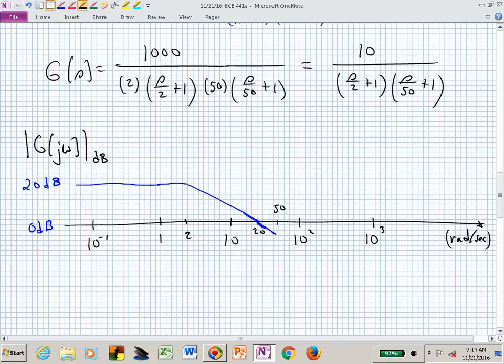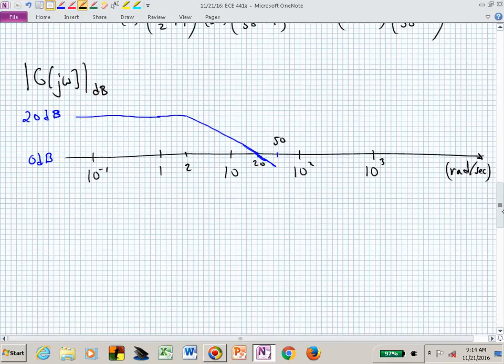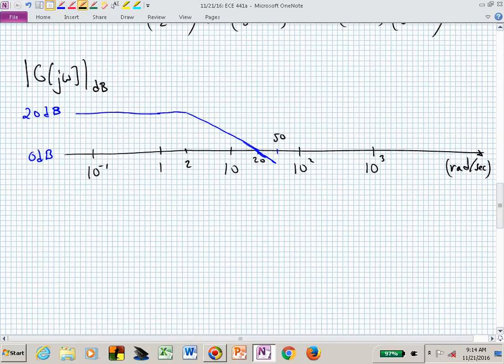I was decreasing at 20 dB per decade. I add in another slope change so that now I'm a net minus 40 dB per decade. So that if I was a little bit below 0 here, now at 500, I would be where?